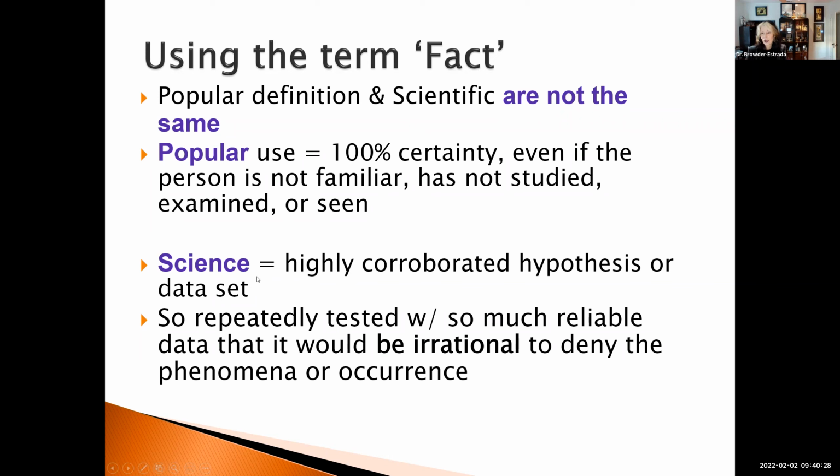And a professional scientist will say, no, nothing is a 100% fact. And so then the person who's trying to win the public over to their non-scientific perspective will look at the audience and say, see, they're lying. See, they don't know. They just told you it's not a fact.